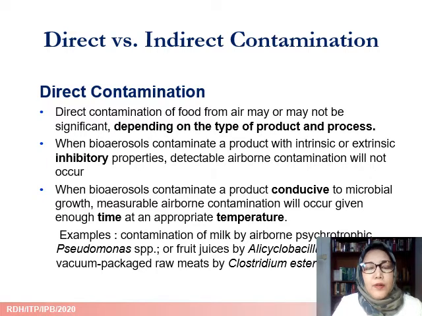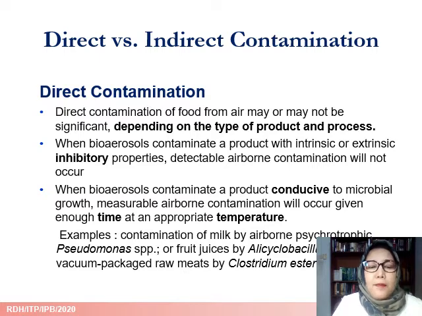Contamination of food by airborne pathogens can be differentiated into direct and indirect contamination. Direct contamination of food from air may or may not be significant depending on the type of the food product. When bioaerosols contaminate a product with intrinsic or extrinsic inhibitory properties, such as low water activity or low pH, detectable airborne contamination will not occur.